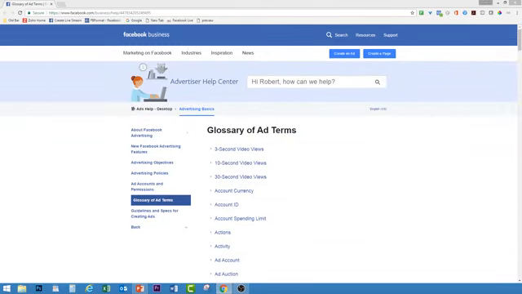How many of you feel comfortable with what CTR is, and what the difference between a link click and a click is? Are you familiar with that, or does this seem like it's going to be helpful for some of you?